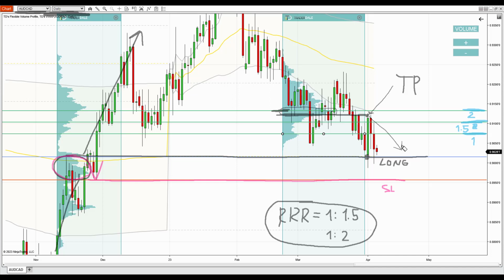As you can see, the price reacted very nicely here. And also, if you look at the risk-reward ratio, this is somewhere between 1.5 and risk-reward ratio 2. So that's also in line with what I teach in the course, to use this risk-reward ratio for the swing trades.